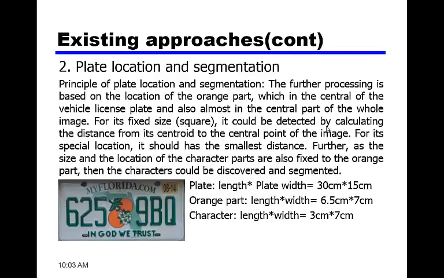That's why I required the input image to be like that. Once the orange part is detected, as the size and the location of the character parts are fixed relative to the orange part, the character parts could be discovered and segmented.